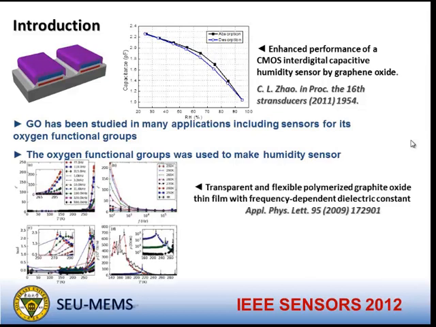Also, the dielectric constant of graphene oxide varies with the temperature. In this figure, we can see that the dielectric constant of graphene oxide increases exponentially when the temperature increases linearly.